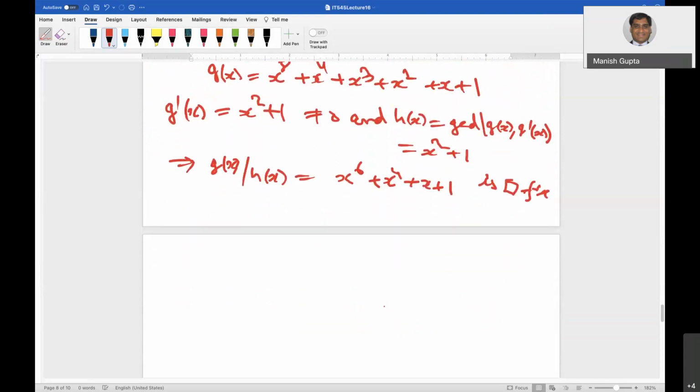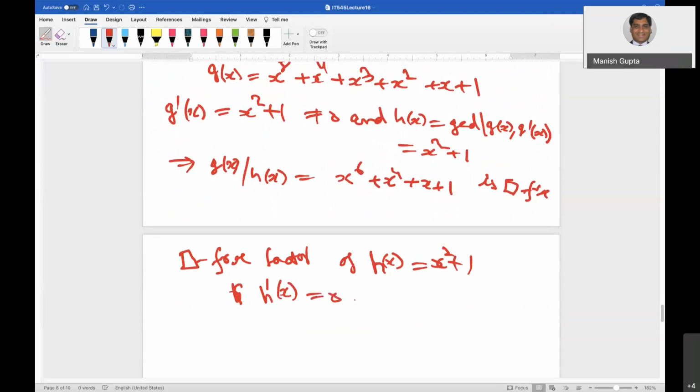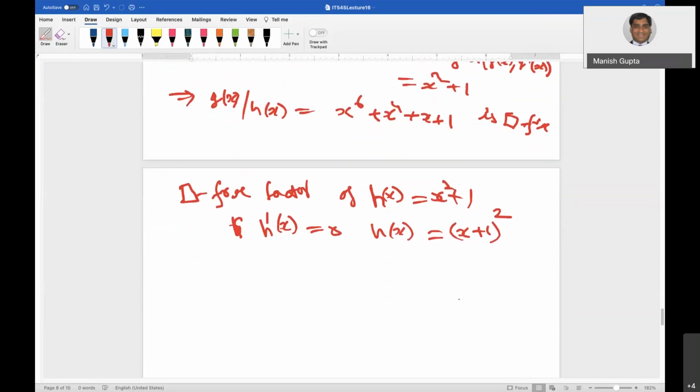Now compute the square free factor of h(x) equal to x squared plus 1. We can compute the derivative h'(x) equal to 0. In fact, h(x) can be written as (x plus 1) whole square because characteristic is 2 here. (x plus 1) whole square is the same thing as x squared plus 1.